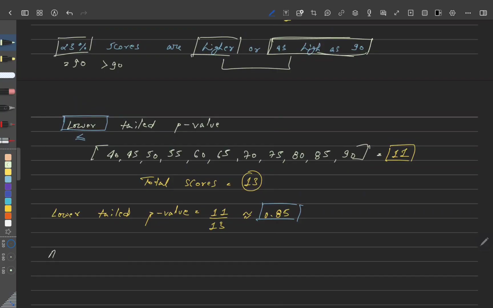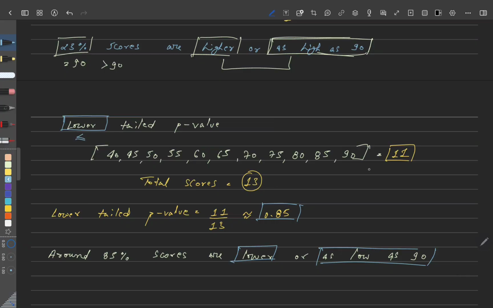Around 85% scores are lower or as low as 90. When we say around 85% scores, what we mean is that 85% scores can be lower than 90, or they can be as low as 90, which means equal to 90.